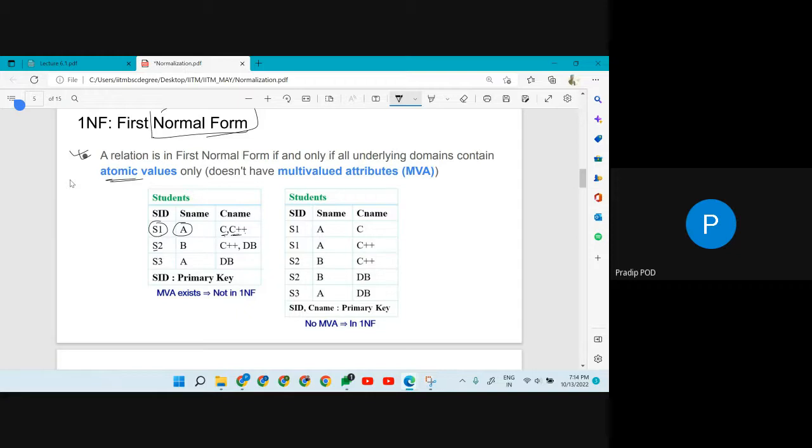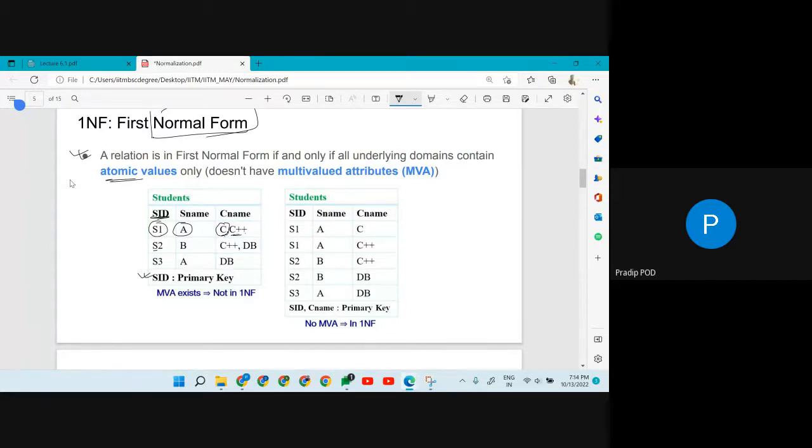In the first normal form, this should not be there. Here SID is the primary key, and the multi-valued attribute exists, so this relation is not in first normal form. To make this student table into first normal form, whichever attribute contains multi-valued attributes, those values should be written in the next row.